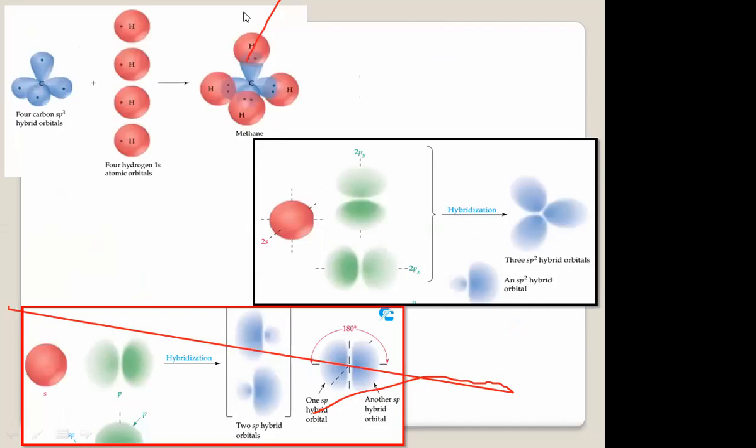Then you can also have a situation where the hybridization is an sp2 hybridization, 1 s orbital and 2 p orbitals to give you 3 hybrid orbitals, that is an sp2 hybridized orbital.